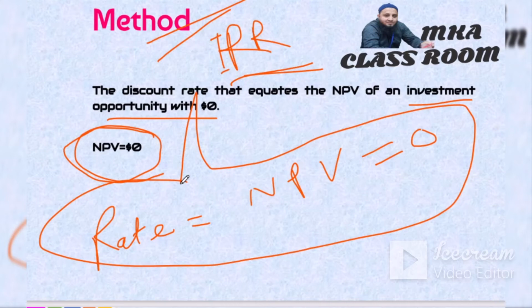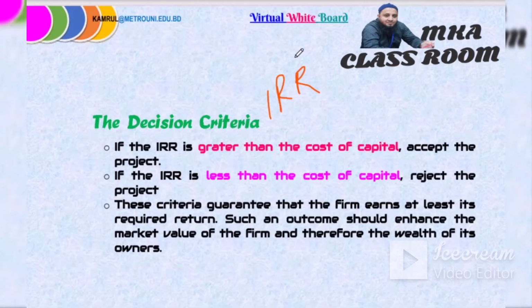If IRR is greater than the cost of capital, then we can accept the project.